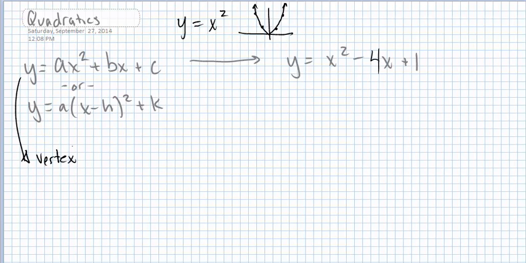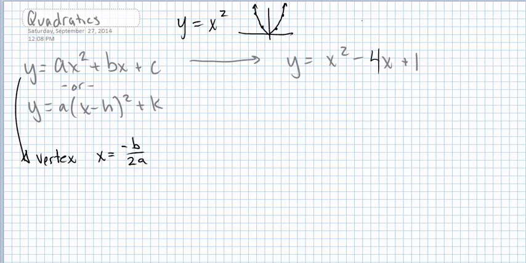This is an important feature of a quadratic graph, and its vertex can be found using the formula x equals opposite b over 2a. Once we have that x value, we can put that number into our quadratic function and plot our vertex. So let's do that here.